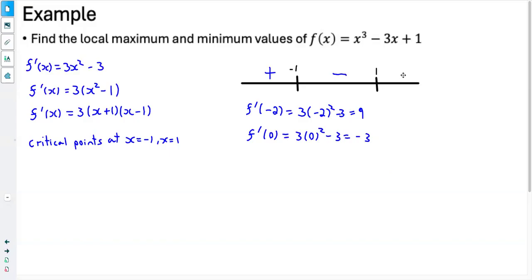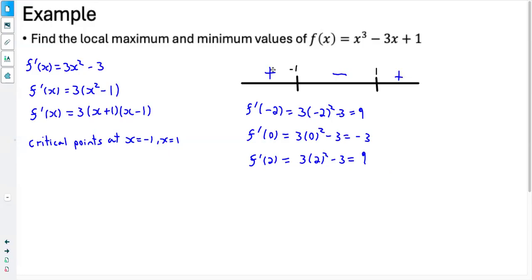And then I'll do a point over here, for example, f prime of 2. That's 3 times 2 squared minus 3, and that gives us 9, which is positive.